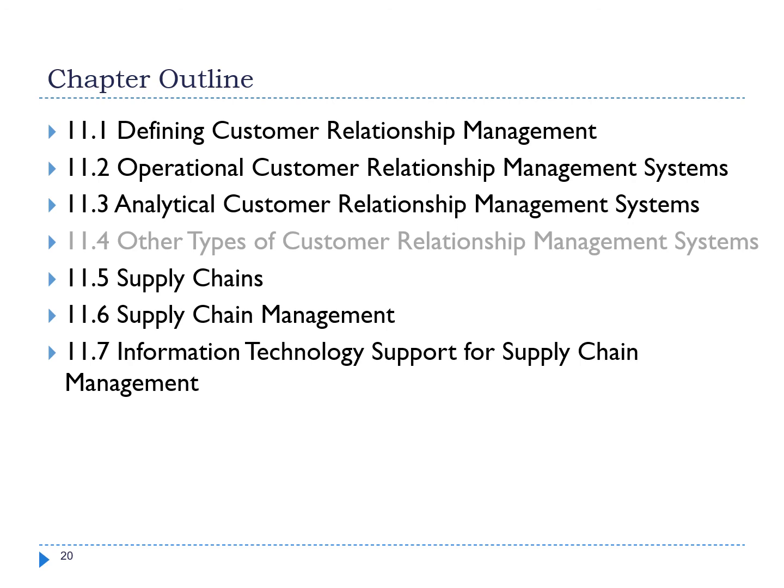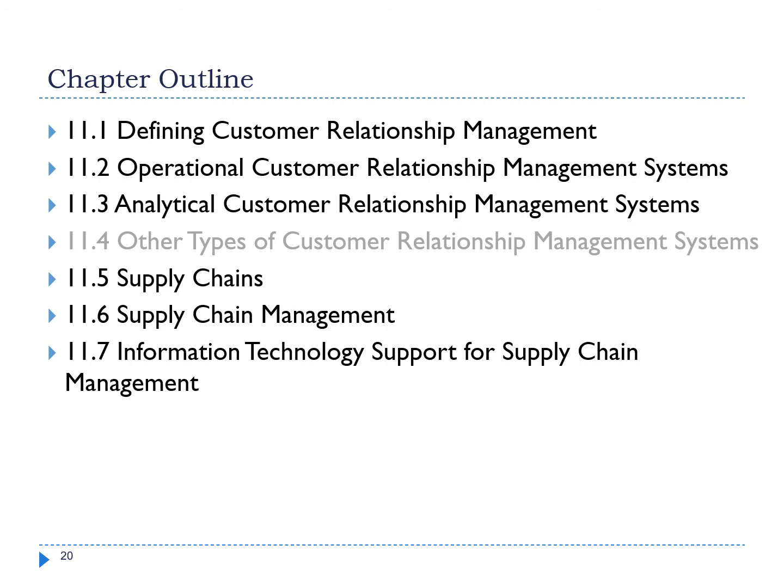Okay, let's think about what we have learned in this chapter. We've learned customer relationship management and customer relationship management systems. There are two kinds of customer relationship management systems: operational CRM systems and analytical CRM systems.